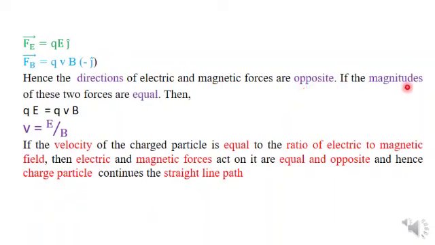If the magnitudes of these two forces are equal, then QE equals QVB, or V equals E divided by B. Means if the velocity of the charged particle is equal to the ratio of electric to magnetic field, then the electric and magnetic forces acting on the charged particle are equal and opposite, and hence the charged particle continues on a straight line path.